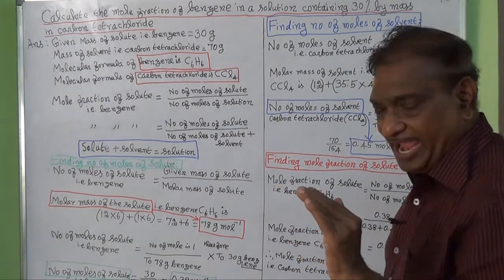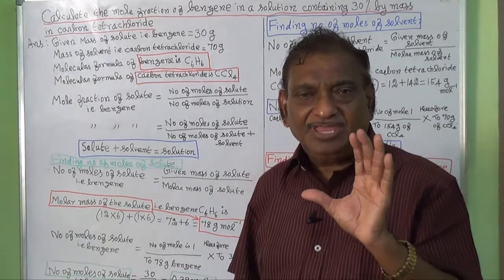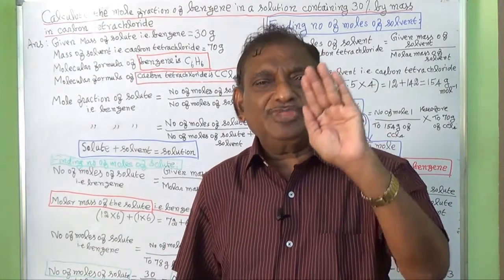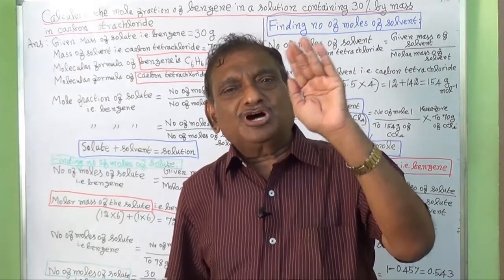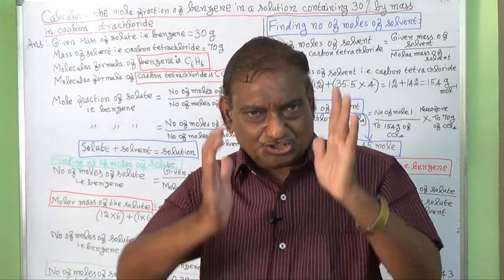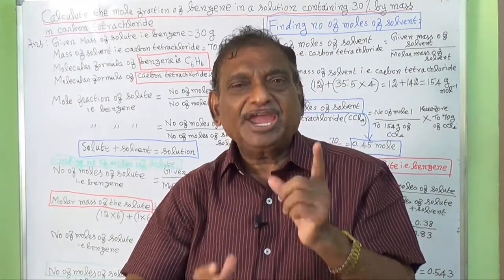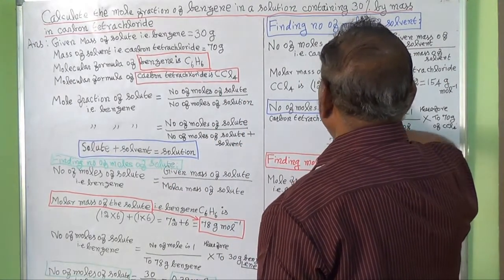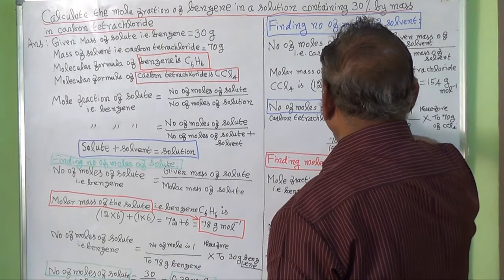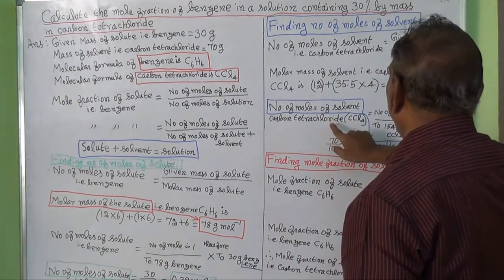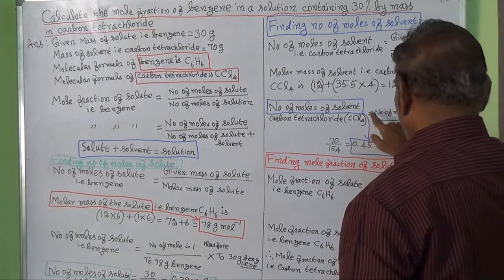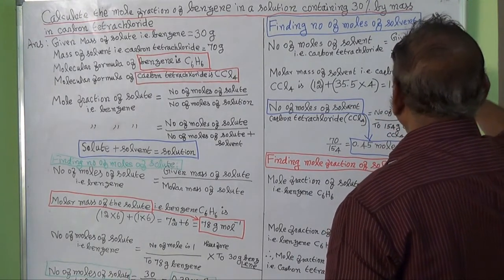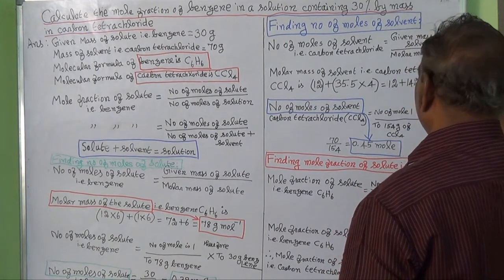So now in our hands we have the required two data, that is the mass of the solvent and the molar mass of the solvent. From these two data we can find the number of moles of the solvent. What is the formula for the number of moles of the solvent, that is carbon tetrachloride CCl4? Mass of the solvent divided by molar mass of the solvent.